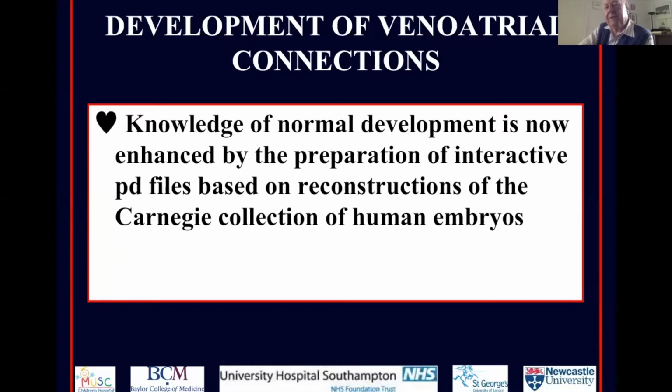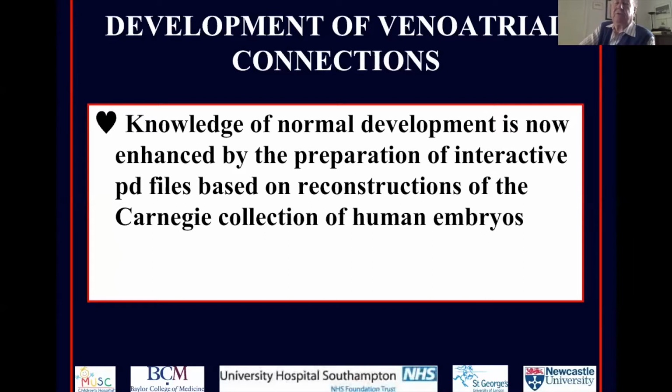Nowadays, that's not the case, because we know very well what is happening during normal cardiac development. And we also know what happens when some of those mechanics of normal development go wrong. That's very much based on our reconstruction of the Carnegie collection of human embryos.